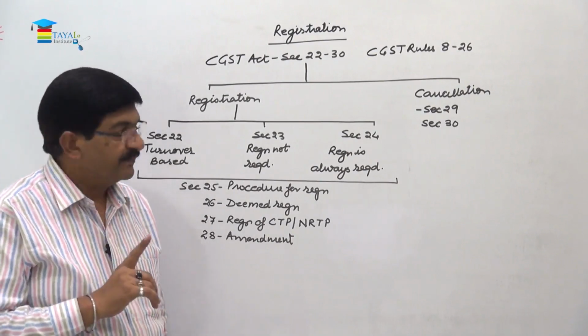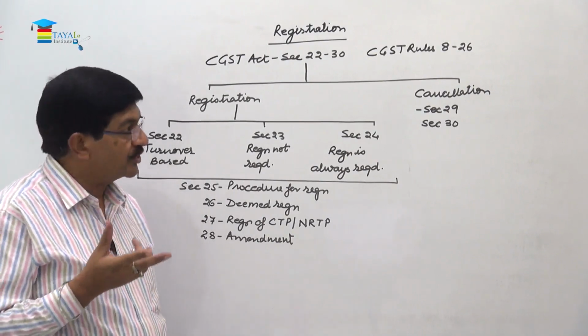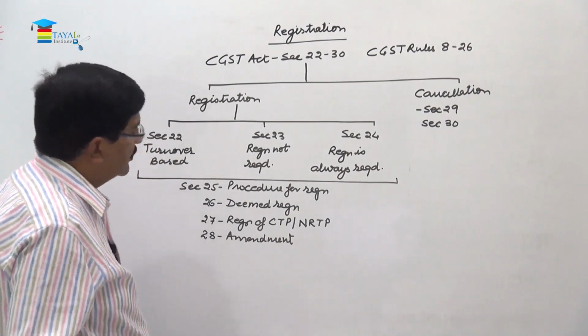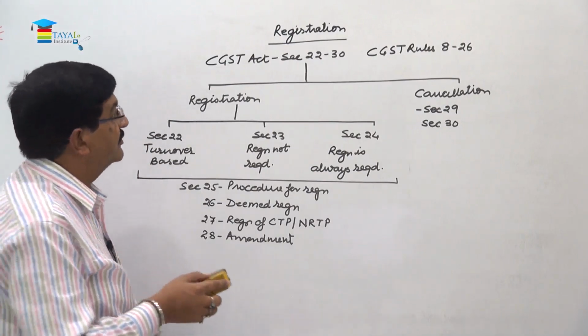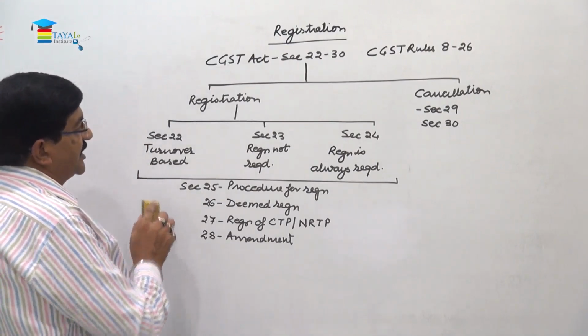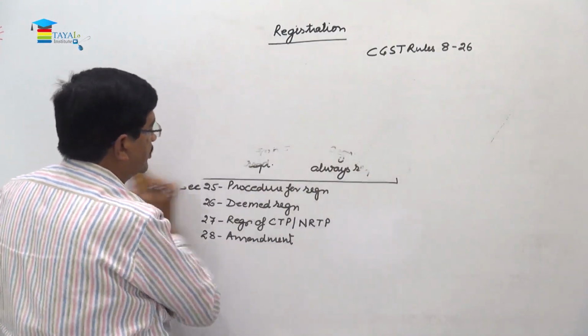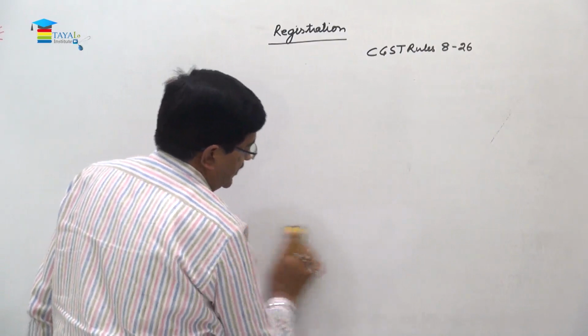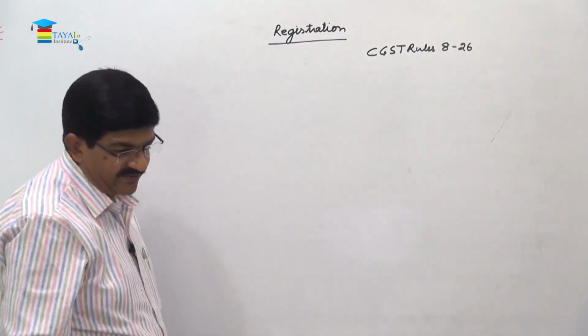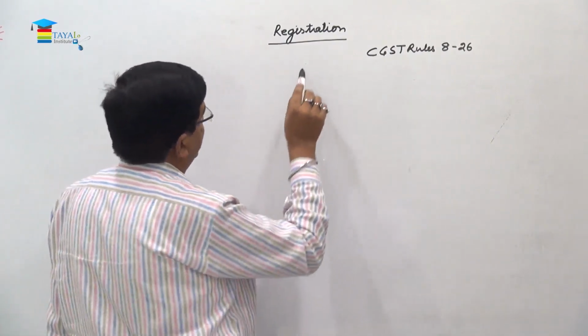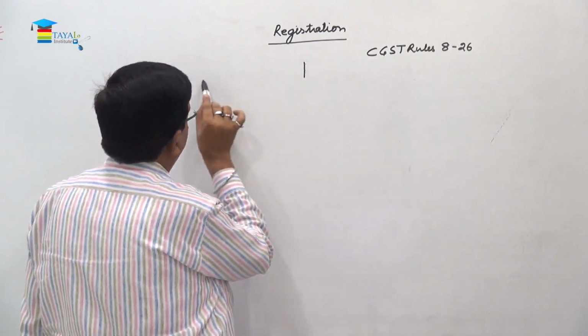This is first chart. Now the second chart about the rules. Okay, I hope you have already copied this. So now moving to second chart. So CGST rules now. Now those rules again I will divide in three parts, but in the chart I am dividing that in two parts.